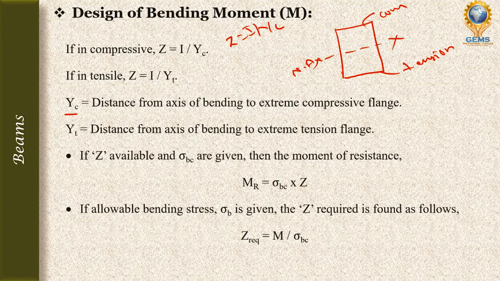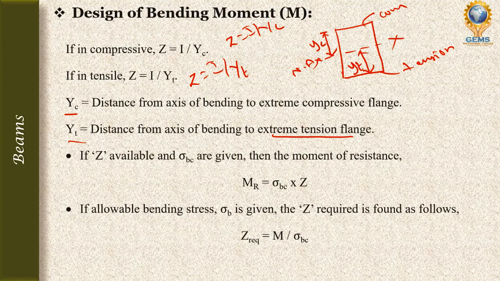If it is in tension, then your z value is I by yt. So yt is the distance from the neutral axis to the tension flange, the extreme tension fibers. So these are the section moduli we can get.